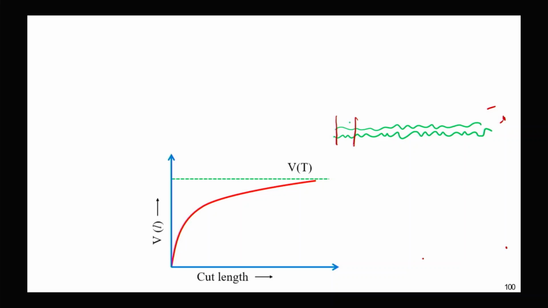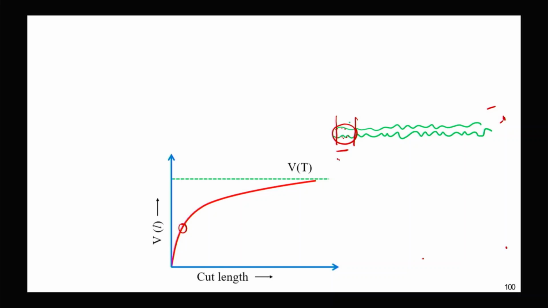In 1 centimeter cut length, we are taking into account some of the variabilities. So if we calculate the variance, standard deviation, coefficient of variation, we will get a little bit higher variability.